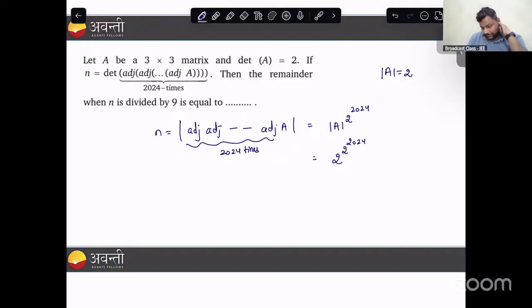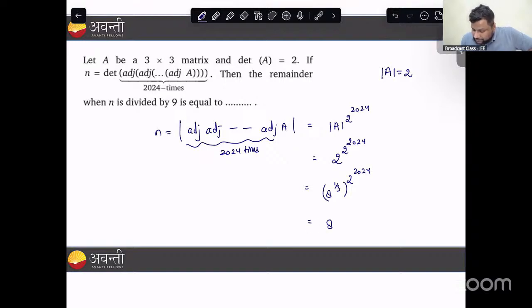Now they are asking for the remainder when N is divided by 9. Now this is a new challenge for us. See, this 2 can be written as 8 to the power 1 by 3, whole to the power 2 to the power 2024.